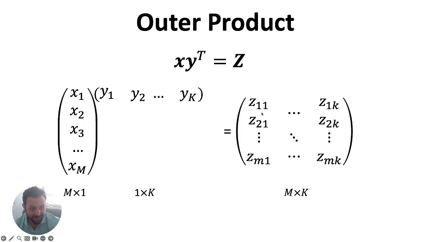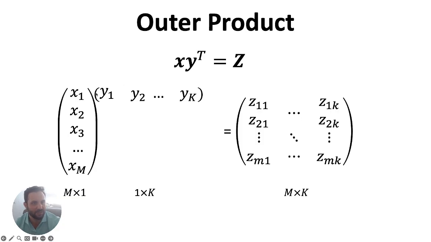So the first column of the capital Z matrix, can you see that the first column Z11, Z21, all the way to Zm1 is nothing but y1, which is a scalar, times this whole x. And the second column is y2 times whole x.